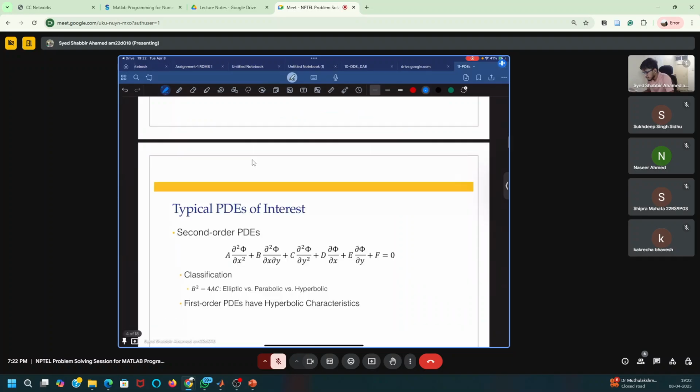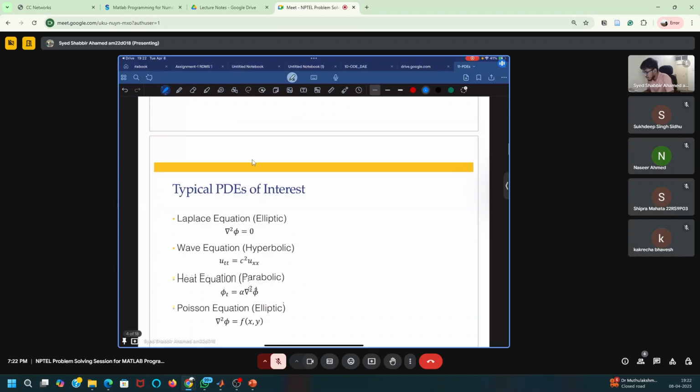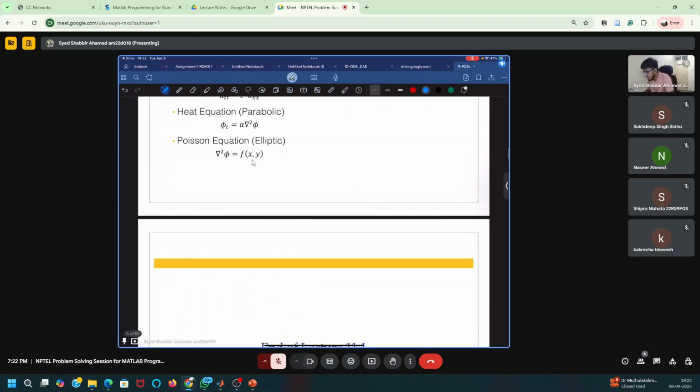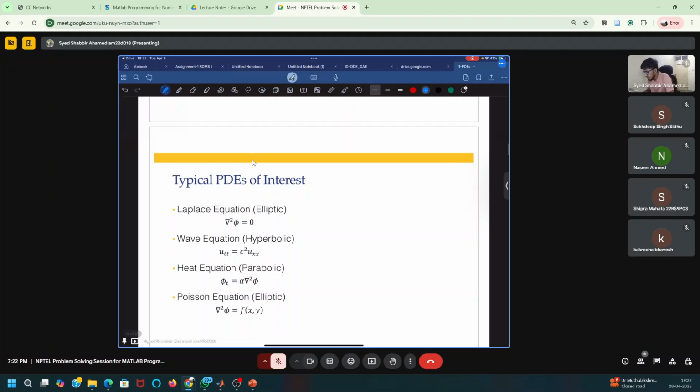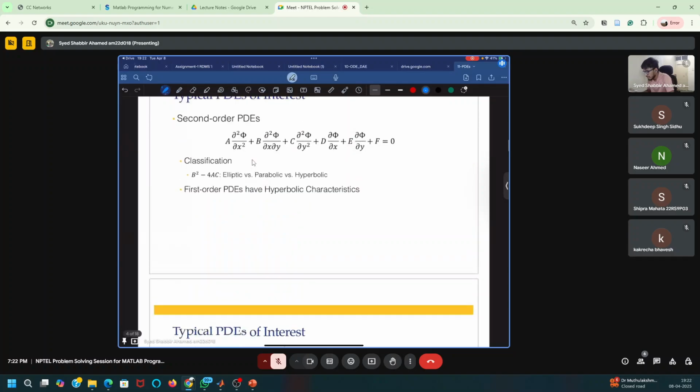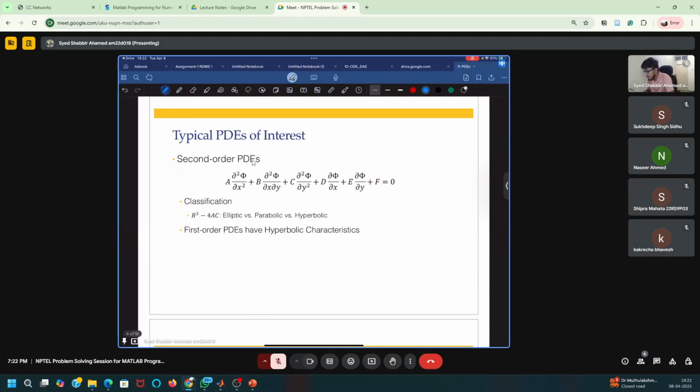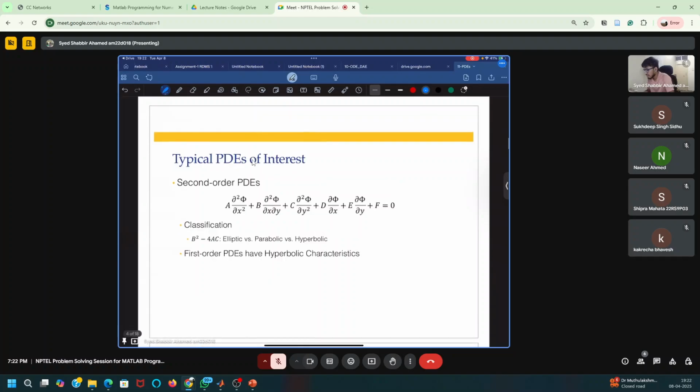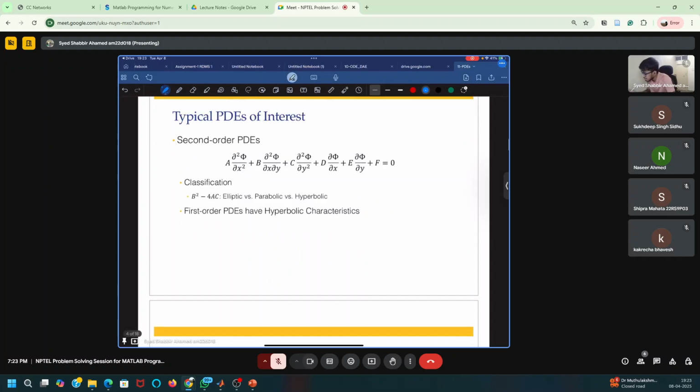If b square minus 4ac is greater than zero, then it is hyperbolic.